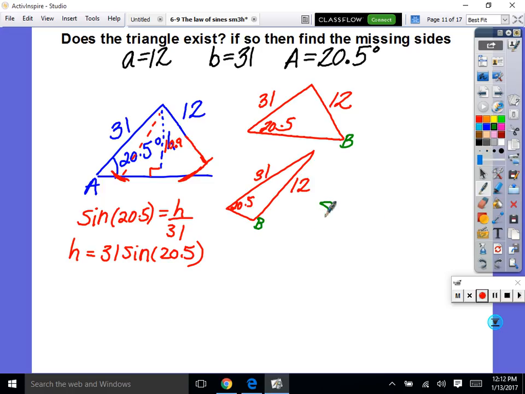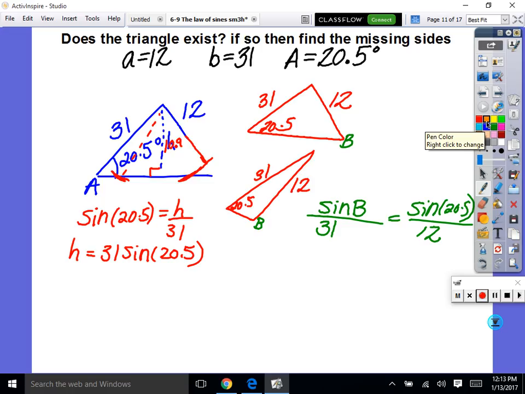So sine of B over the side, which is 31, will be equal to sine of 20.5 over 12. Solve for angle B. So we would multiply both sides by 31. Now it's just algebra, so never get thrown off. And here we've done the hardest part. So we have sine of B equals 31 sine of 20.5 divided by 12.